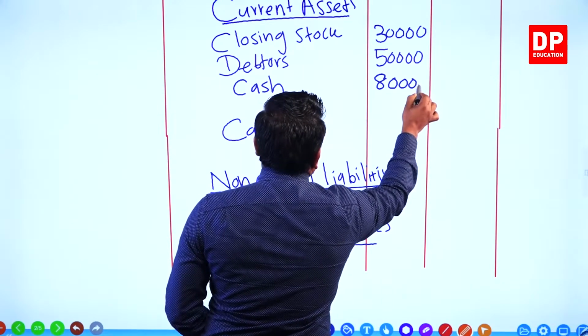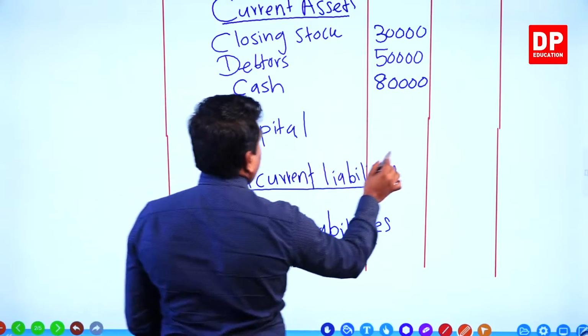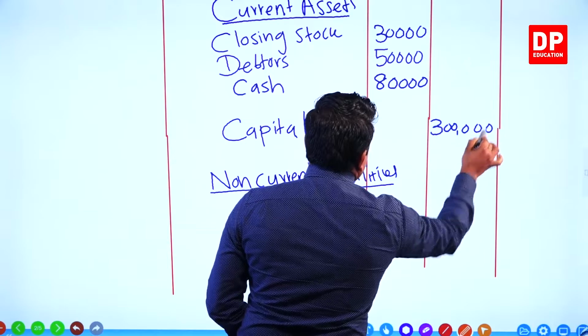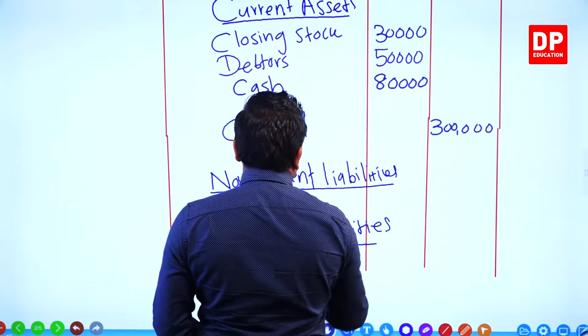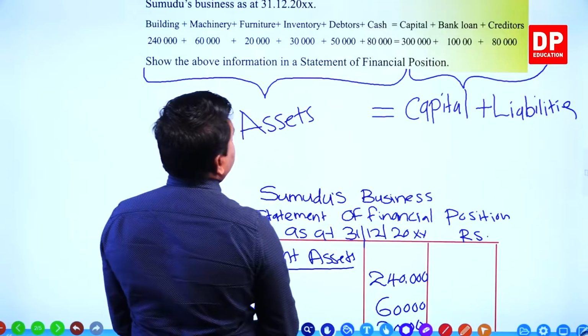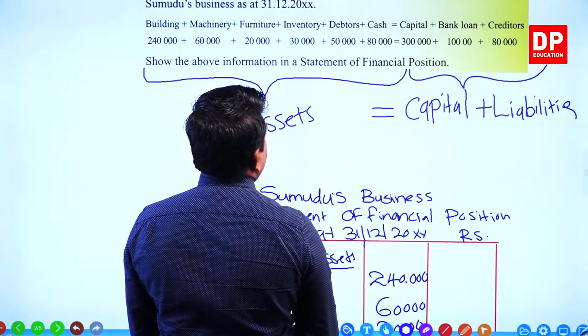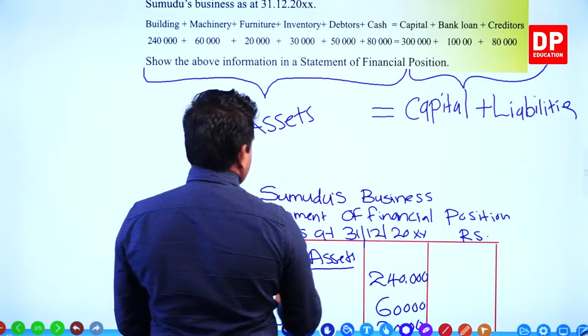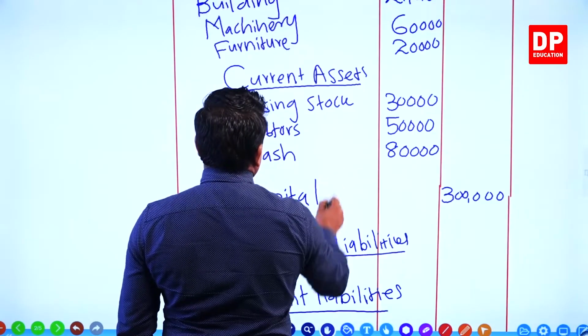Do you remember the capital? Capital they have given, I think 300,000, right? We check it later. Capital, okay, 300,000. Bank loan 10,000, creditors 80,000.